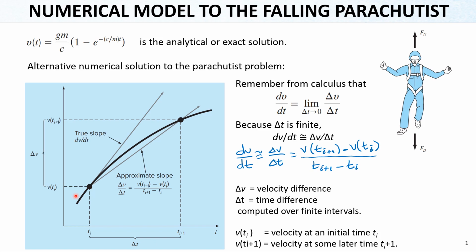So we can graphically show this. For example, this was our analytical curve, and here for ti we have a v of ti value, and for ti plus 1 we have a v of ti plus 1 value. For example, the time is 2 and time is 4 and delta t is 2. So simply dividing delta v by delta t, we will have an approximate slope, which is a linear slope because this is a linear formulation.